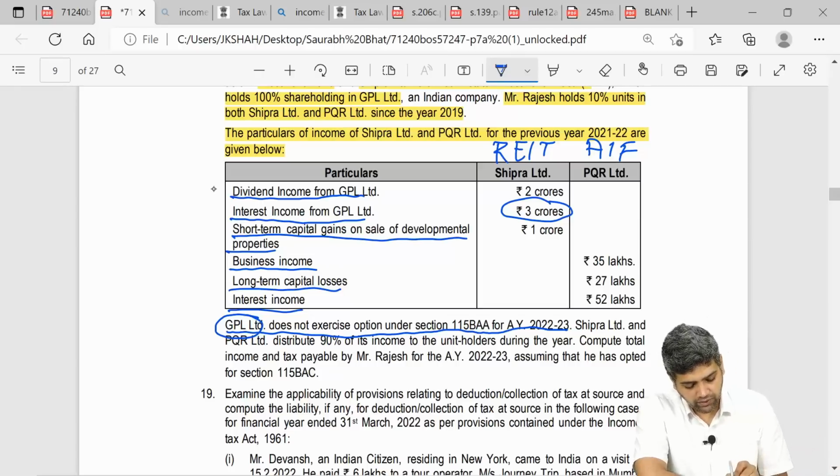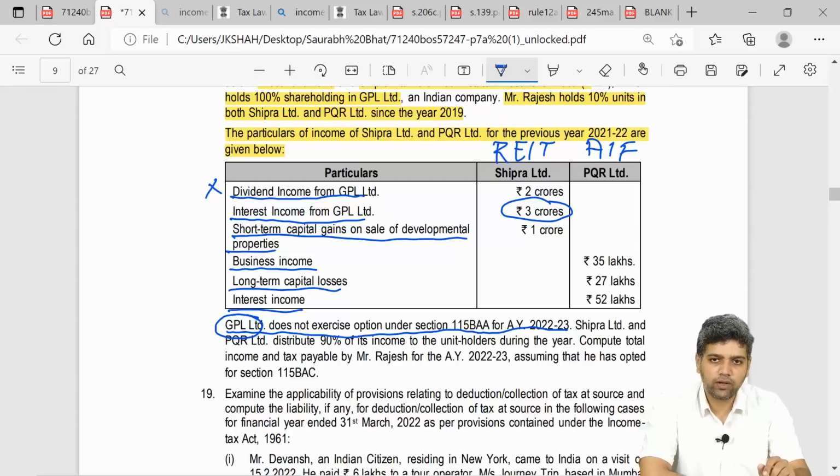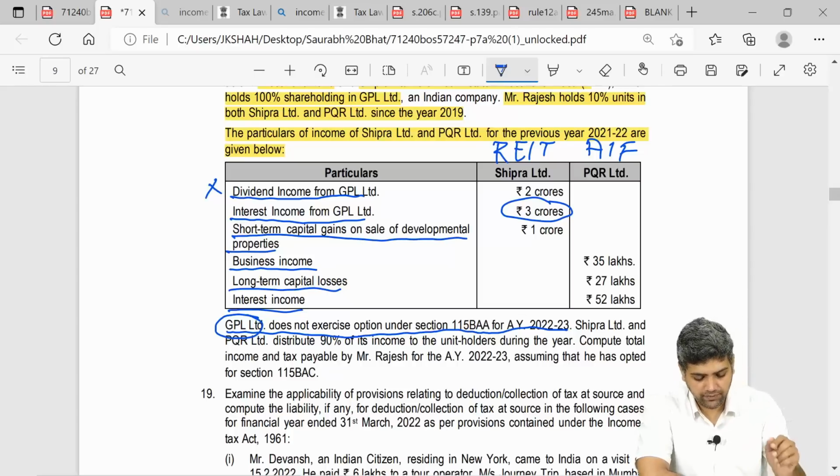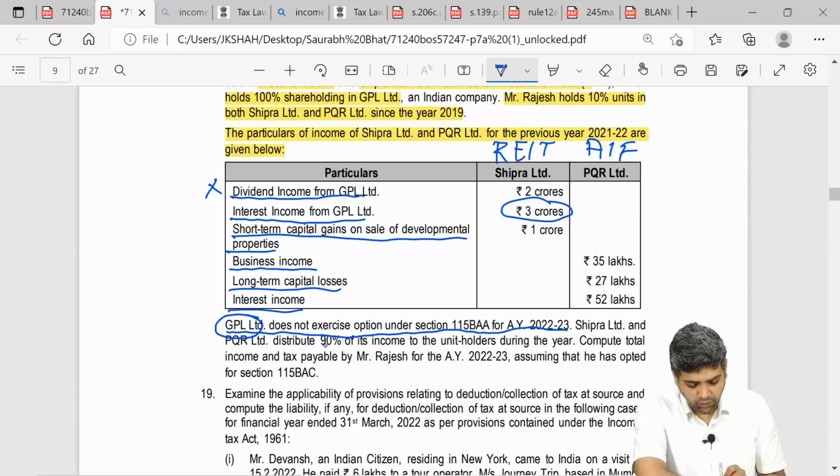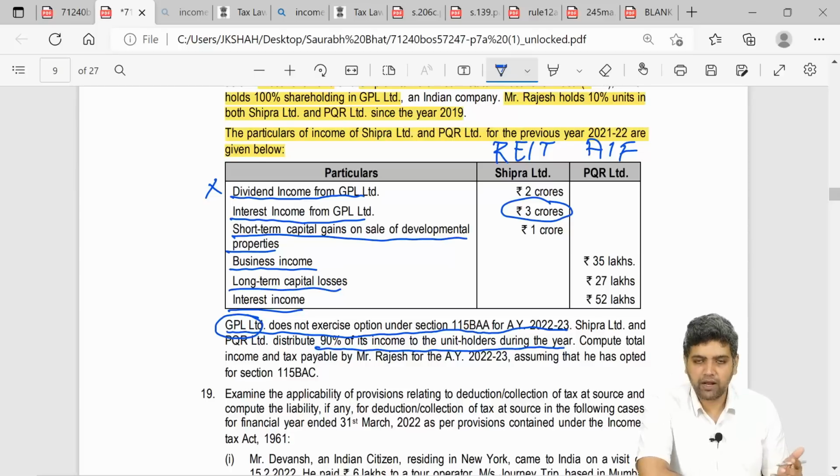So over here, dividend income would be exempt from tax as far as the unit holder and business trust are concerned. Interest income from GPL, now that is interest from SPV, definitely taxable in the hands of the unit holder on pass-through basis. They have told us that both REIT and AIF have distributed 90% of their income to the unit holders.